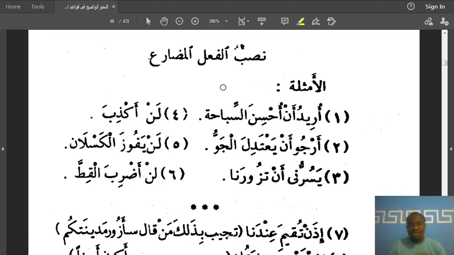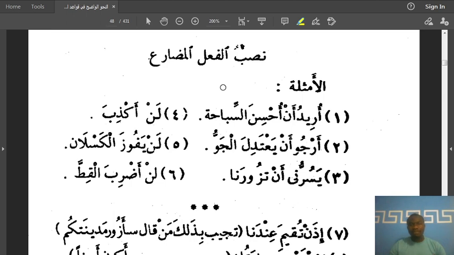So you see Azhabu or Tazhabu or Nazhabu or Yadhabu. A present tense verb definitely must start with one of these four: Hamza, Ta, Nun, Yai.